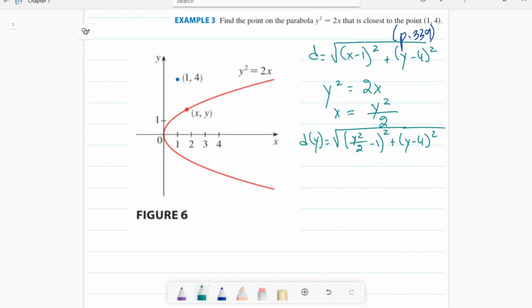Now, one thing to point out is that we would like to minimize d of y. So we can take the derivative and then use the first derivative test.